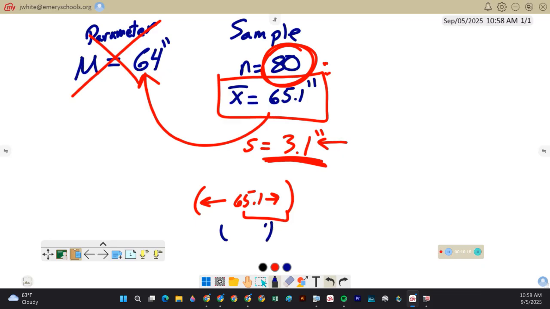So our ability to guess the true average is based off of how spread out our data is and how many people we talk to. Now we can't change the spread of our data, right? That's just inherent from the population.